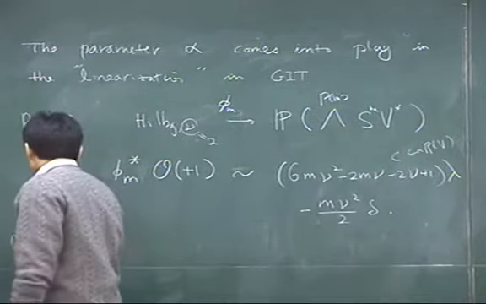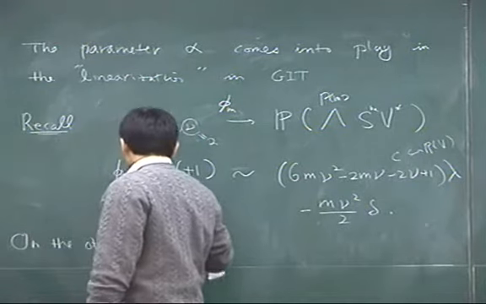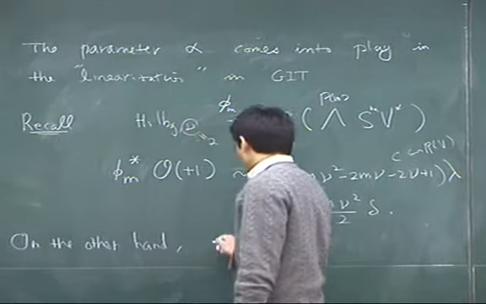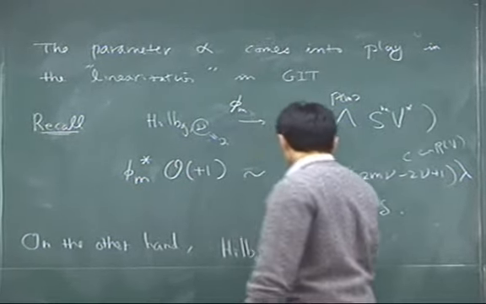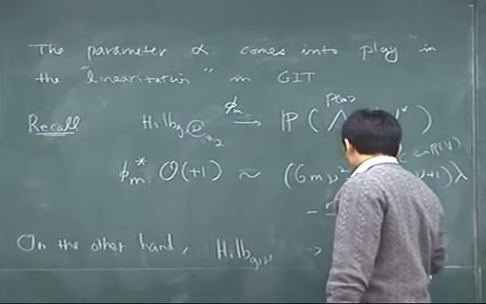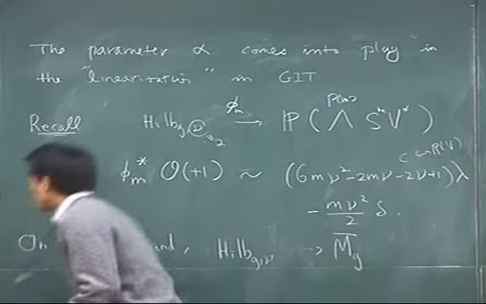So on the other hand, now you've got this birational map from Hilbert scheme to the moduli space M_g bar, although I'm talking about H_g bar apparently.